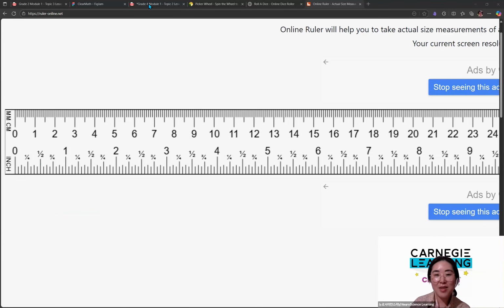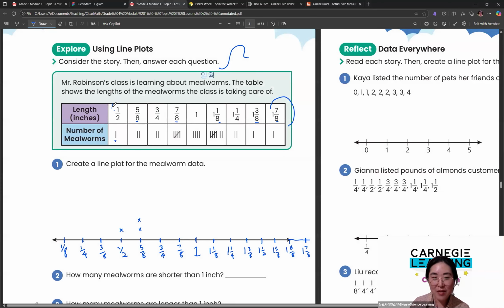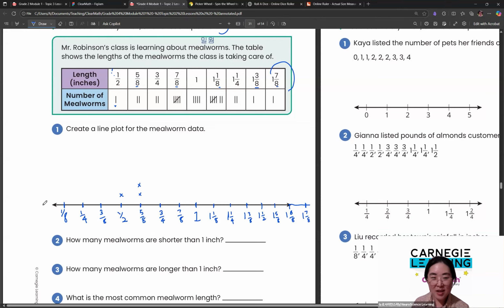Okay, so we have this table. We have length in inches at the top, and then we have the number of mealworms in tallies at the bottom. So this is how we make a line plot. On the x-axis, we draw all the lengths in inches. So we have 1/8 inch to 1 7/8 here. And then we look at the number of mealworms for every length.